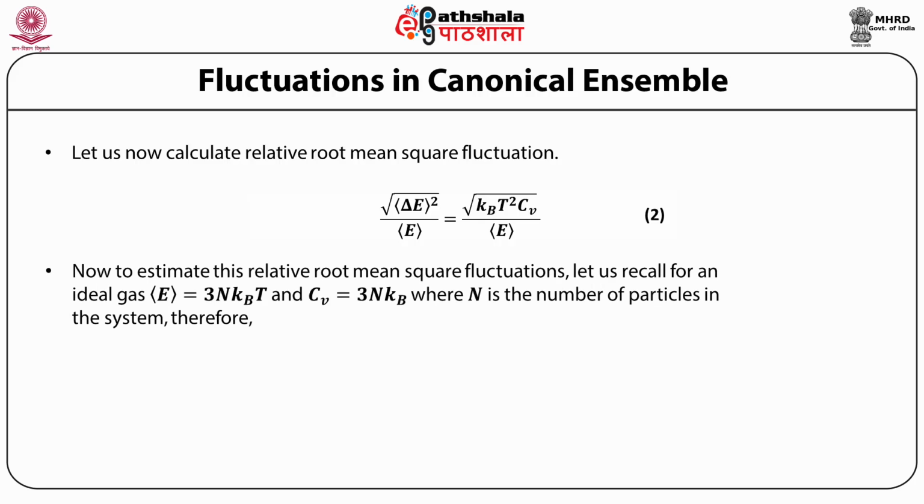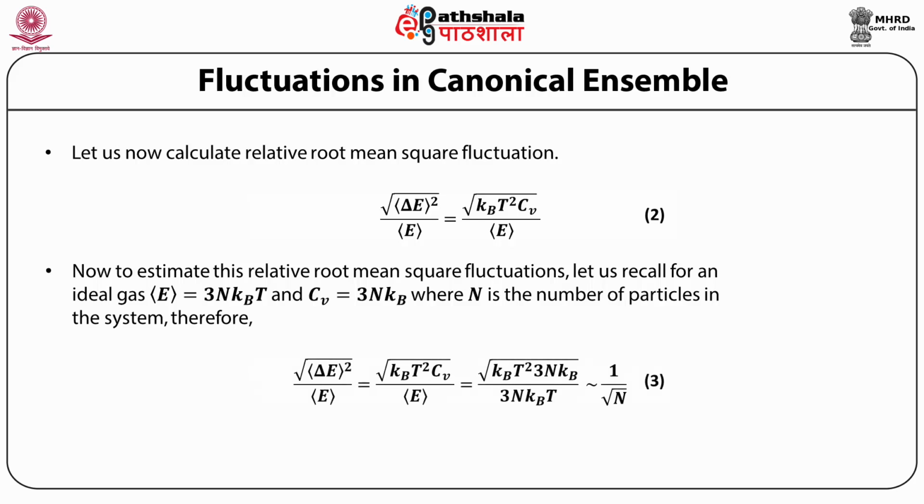Now, to estimate this relative root mean square fluctuation, let us recall for an ideal gas the mean value of E is equal to 3/2 N kBT and CV is equal to 3/2 N kB, where N is the number of particles in the system.